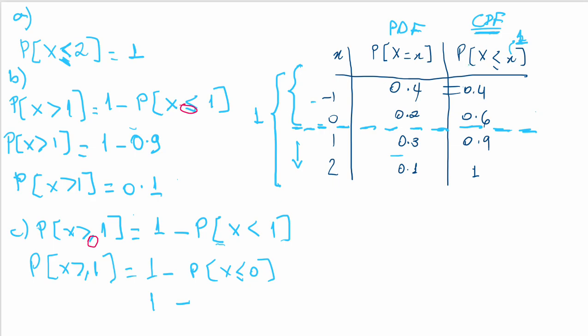So how do you do that? Well, now my little x has to be 0. So I go to the row where my little x assumes 0. It's this one here. And I retrieve the value from the CDF. That's 0.6. So this is 0.4.